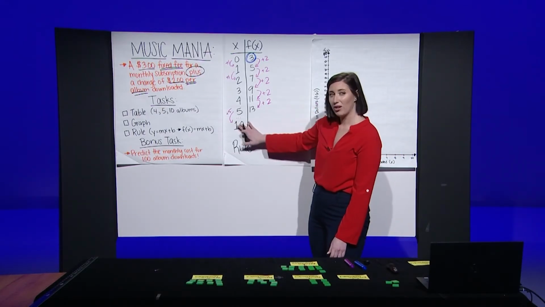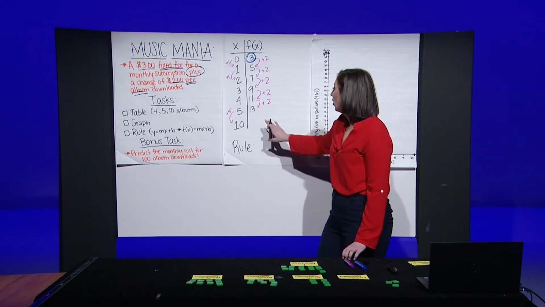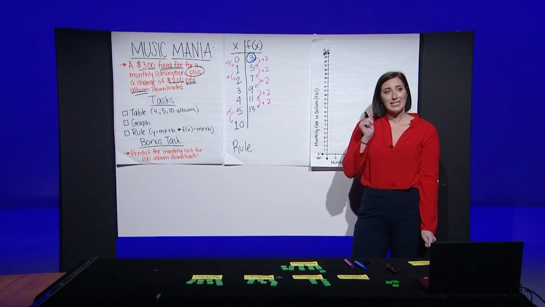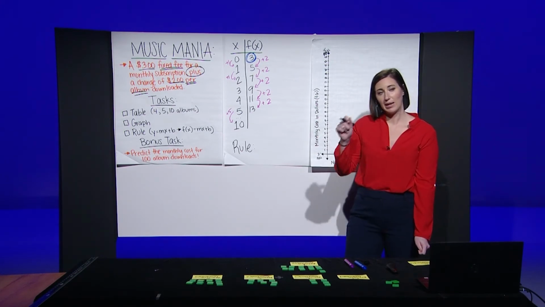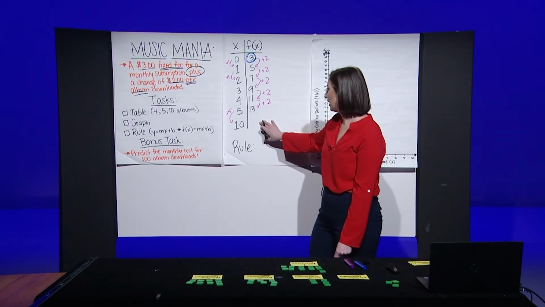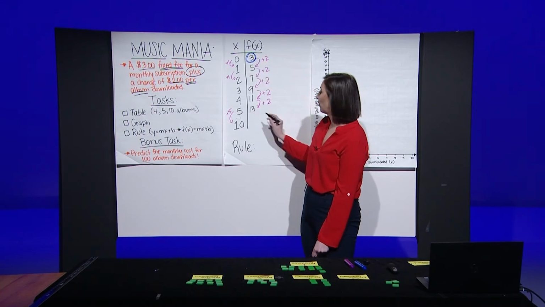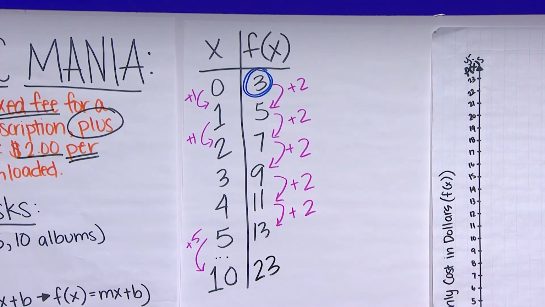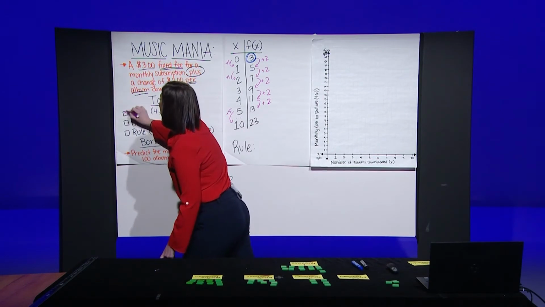So we might want to look at a rule, we might want to visualize. We might want to say 10 albums is going to cost me $20 because 10 times 2 is going to give me that 20, and then I have to pay that $3 initial fee. Okay? So that knocks off the table.